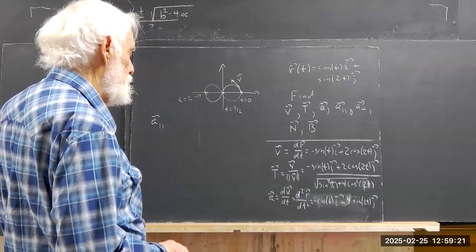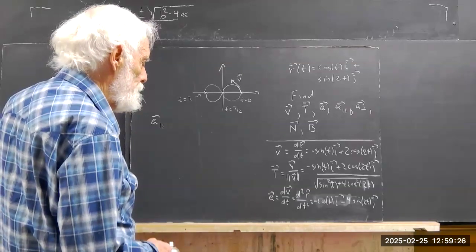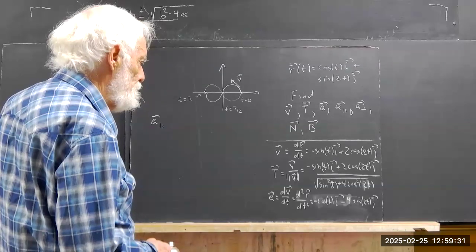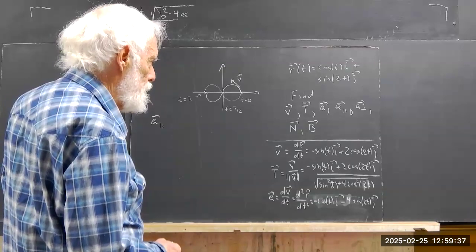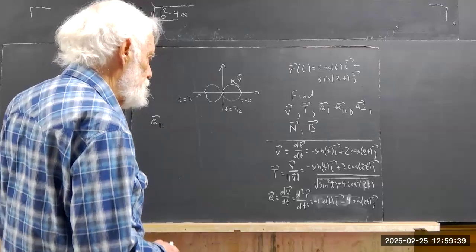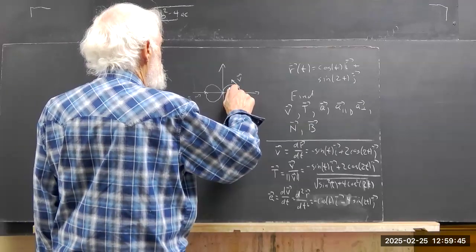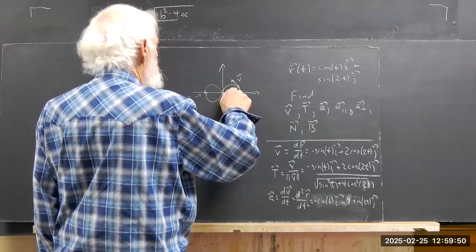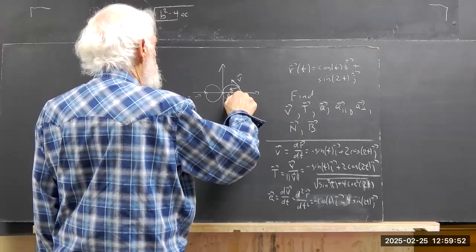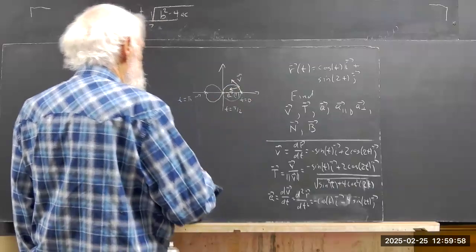Sine is negative. Sine is going to be increasing faster than cosine is decreasing. So I'm going to assume, without really knowing, maybe the acceleration vector is plus one. Okay, then there's velocity and acceleration vector.